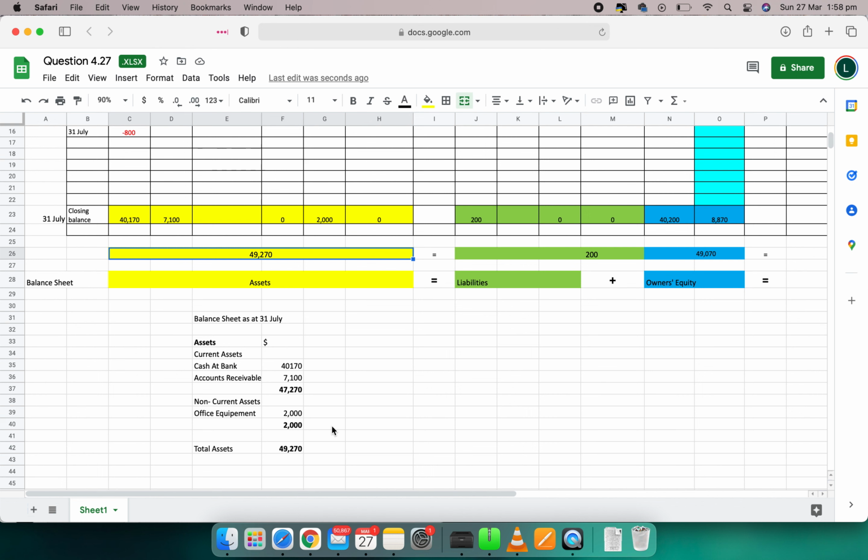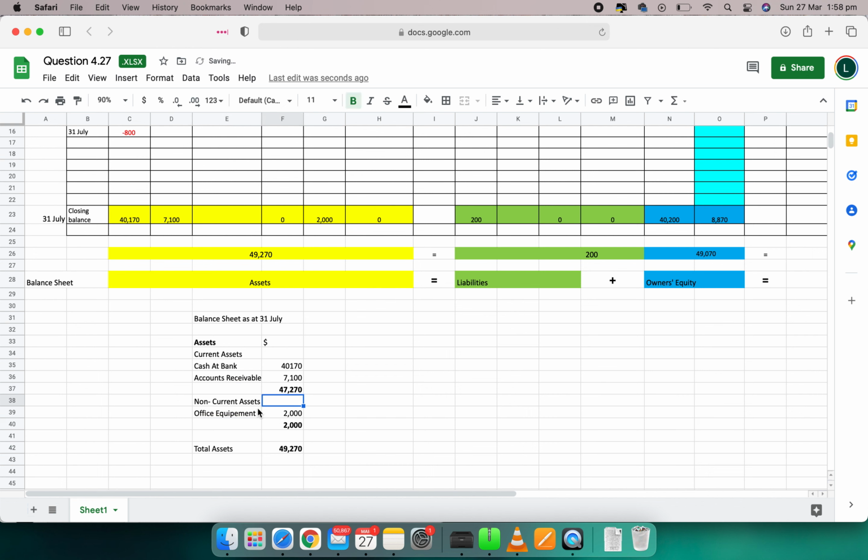Now, in terms of me as a marker, what's really important is to see this breakdown of the current assets, the non-current assets here, because we need to see that you're classifying it correctly, that you can identify what has a life under 12 months and what has a life over 12 months, okay? So if I had this up here under non-current, if office equipment was under current assets, is that correct?